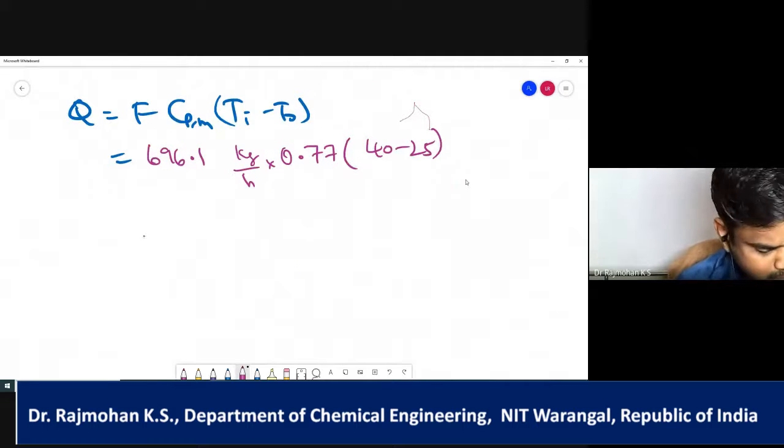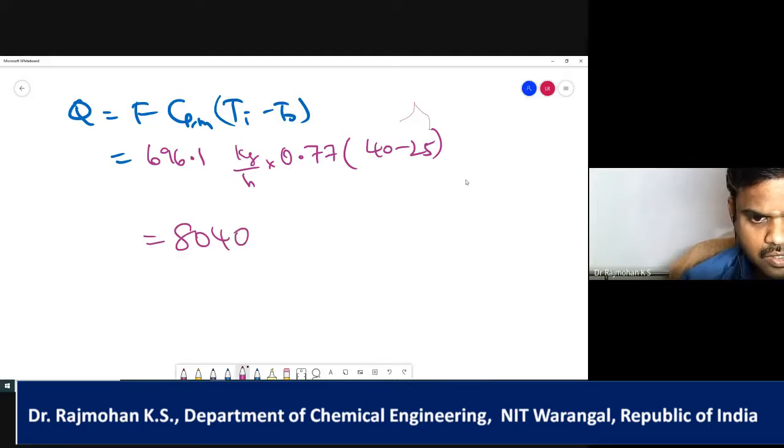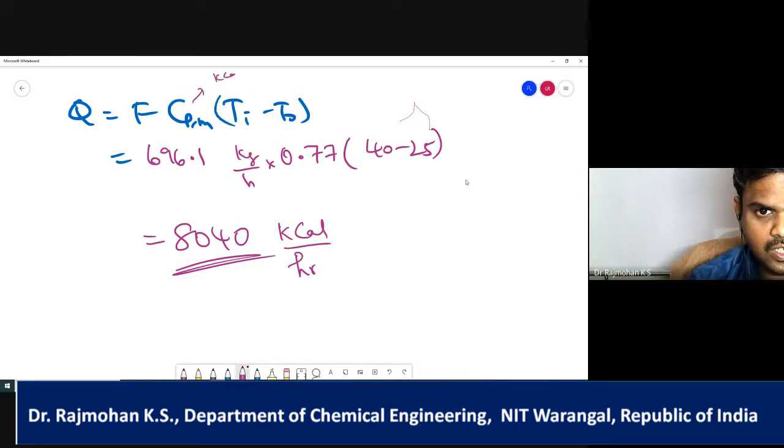Substitute the value: 696.1 into 0.77 into 15 equal to 839, almost 840. You will get around 840. The unit is kilocalories per hour because Cp is given in kilocalories per kg. Accordingly you will have to write the unit. If it is given in kilojoules, we have to substitute in that.